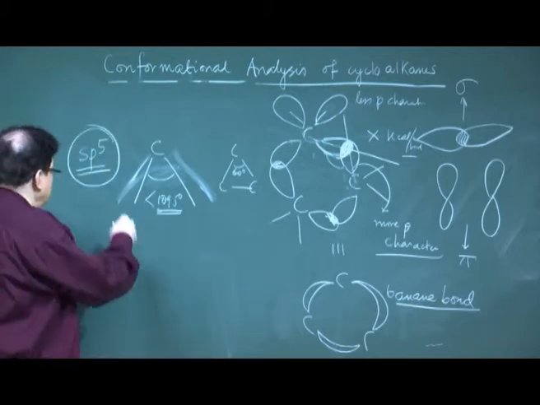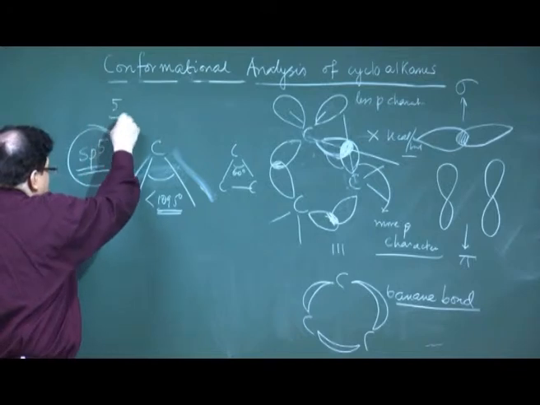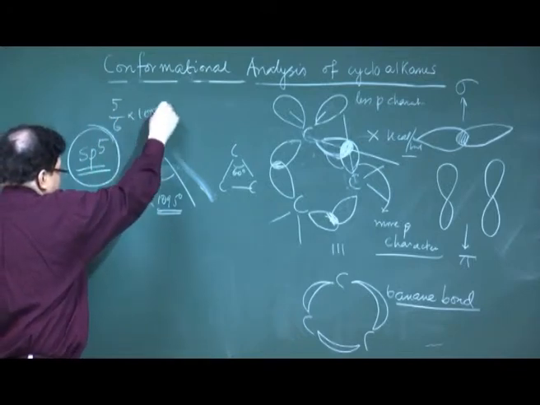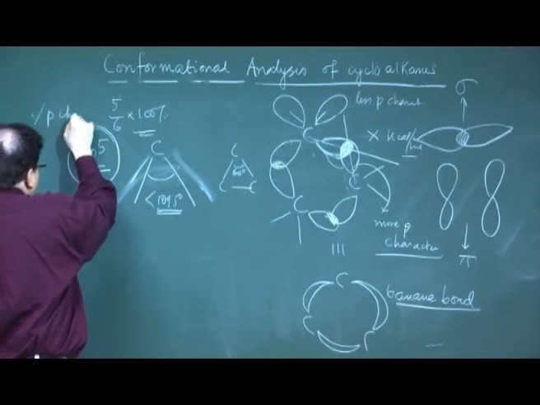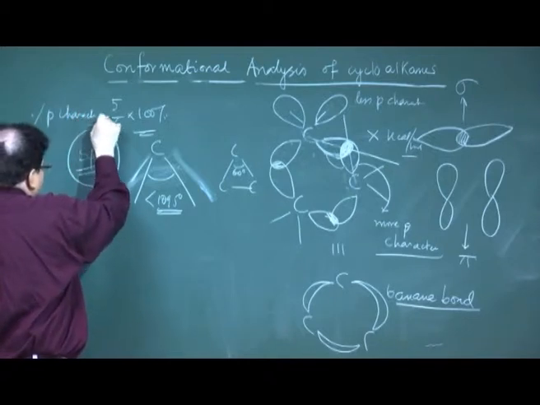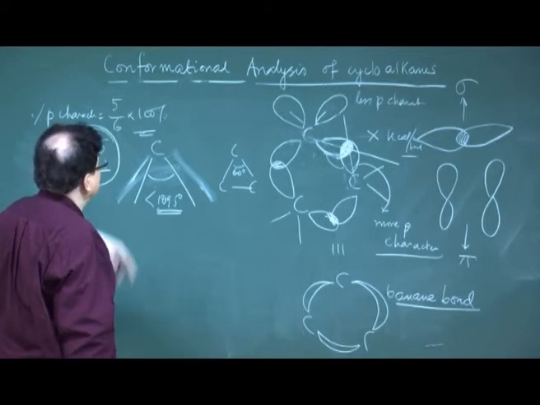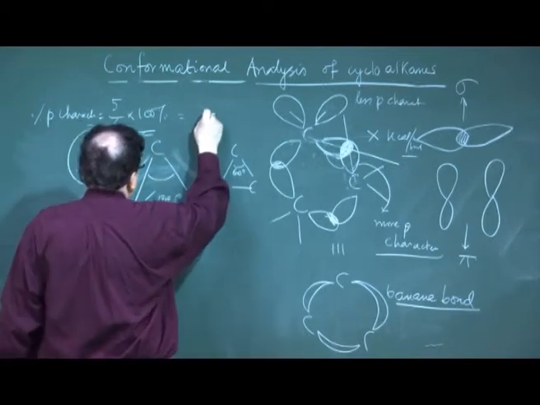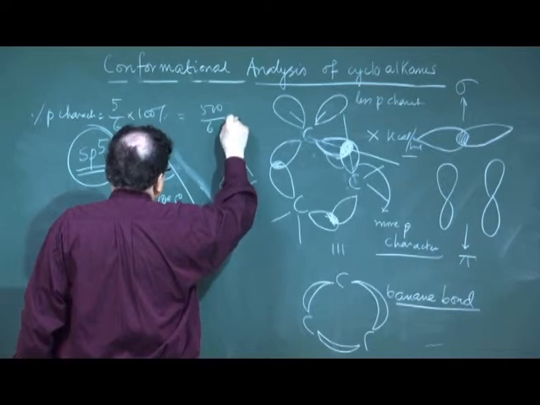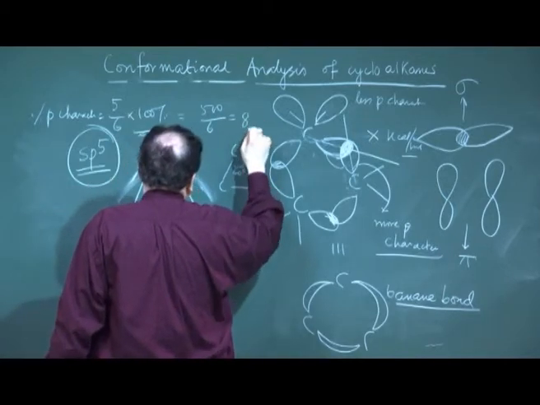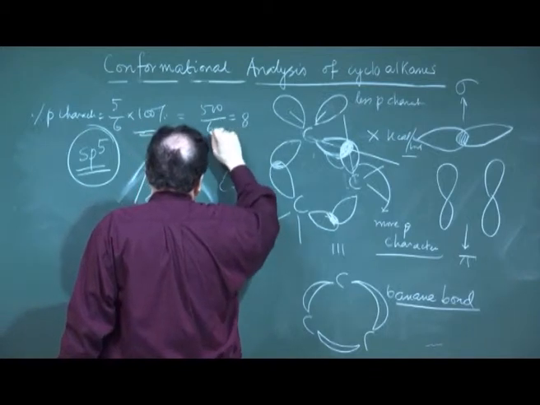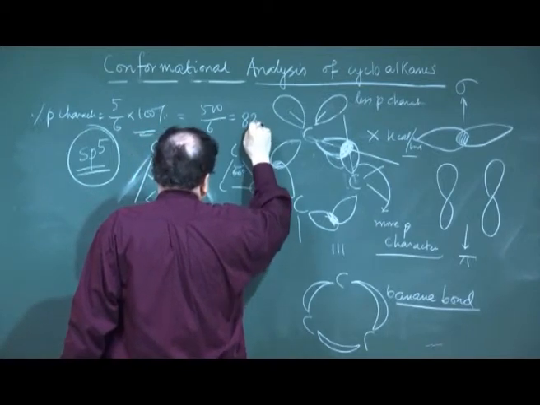So, that will be about 5 by 6 into 100%. So, the percentage of p character in the inside bonds will be 5 by 6 into 100, that comes around 500 by 6, so around 83%.